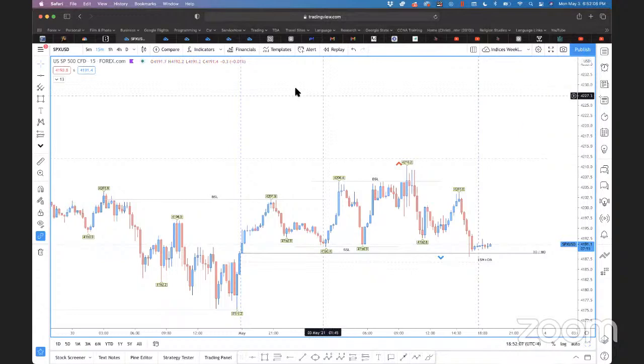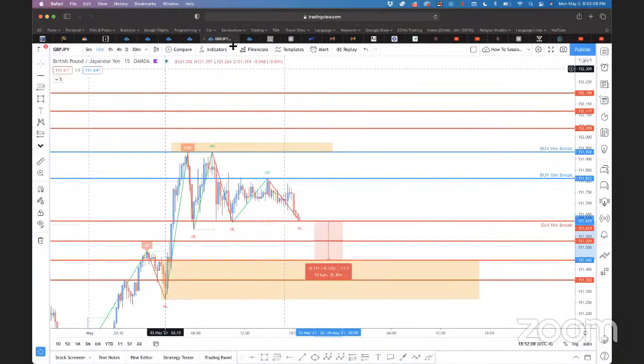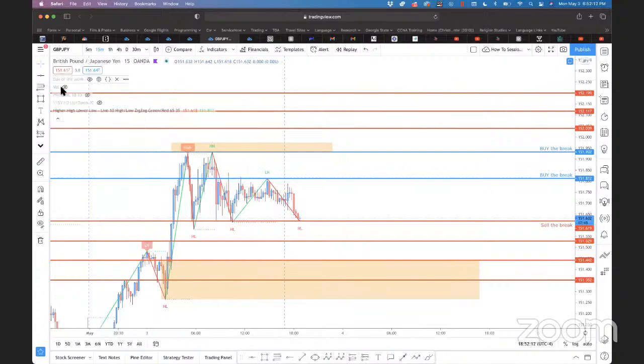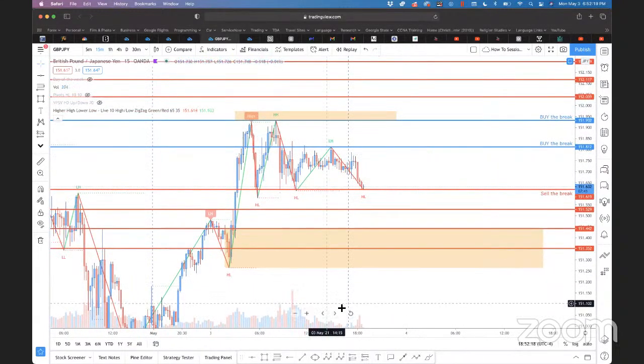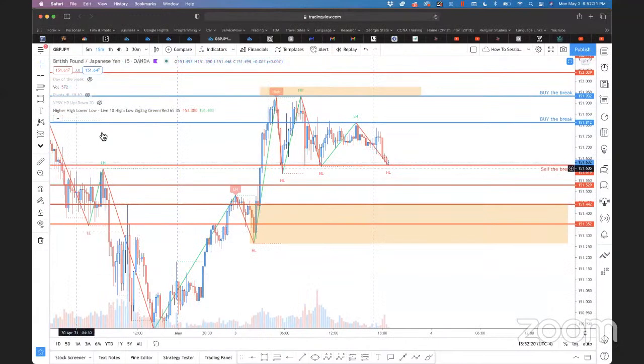And I'll show you what that is. We put it on the chart first. This is the volume at the bottom. You can see the estimated number of orders within a given candle.